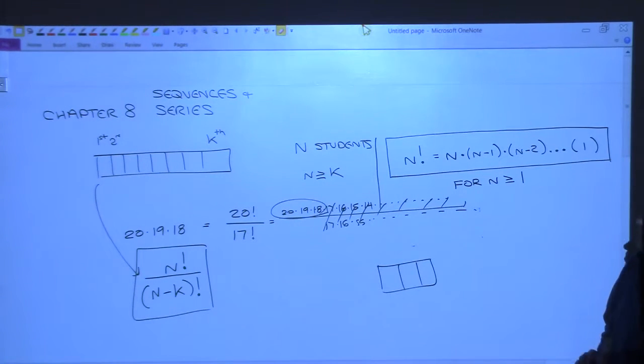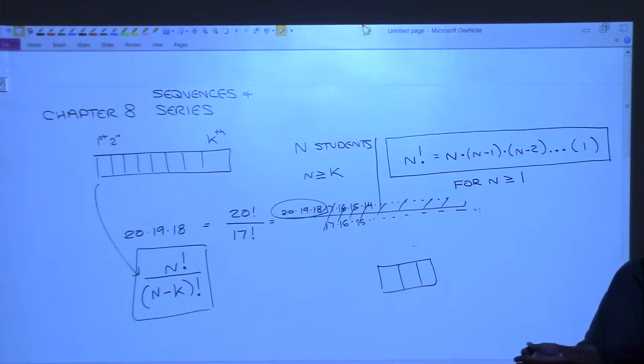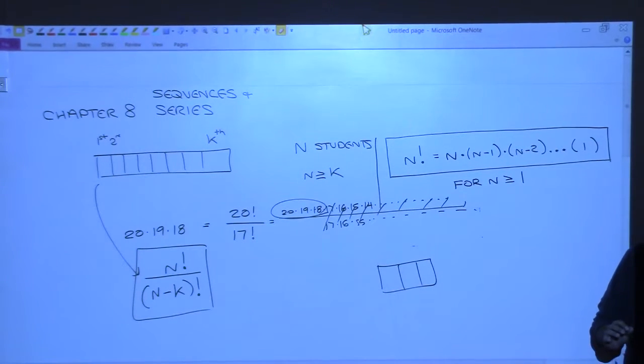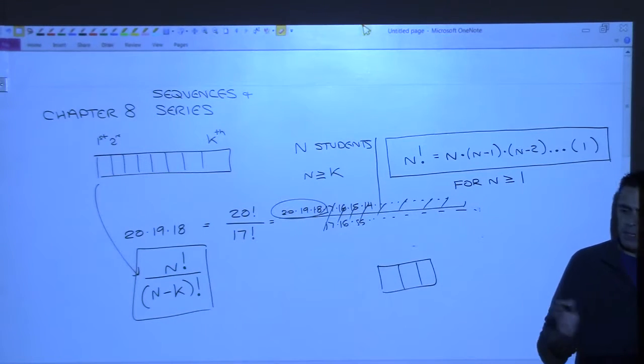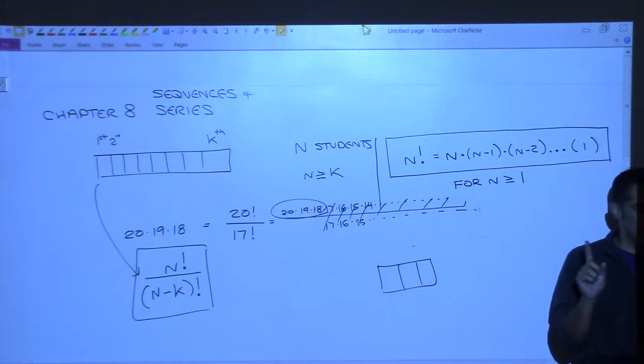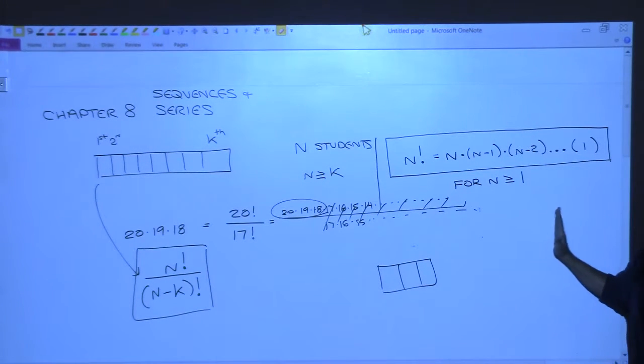Now you can start using this sort of factorial thing in probability of like lottery and things like that. But lottery gets a little bit tricky because with lottery, the position you're in doesn't matter. Like when you pick the numbers in lottery, you don't have to get them in the correct order, do you?